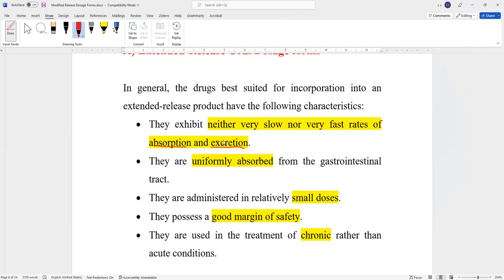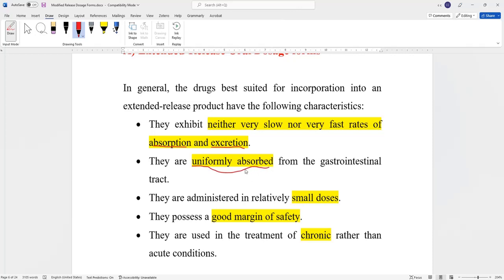So how can I put a large dose in a solid oral form? So again, the drug should not be absorbed or eliminated very fast or very slow. It also should be uniformly absorbed across the GIT.